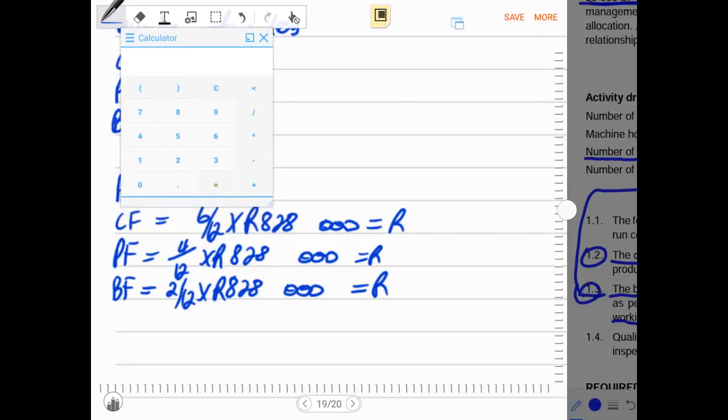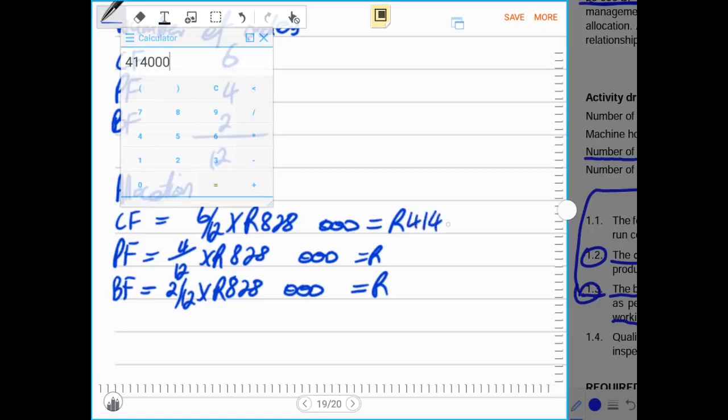Then after we say 6/12, which is half, times 828,000, this gives us 414,000.